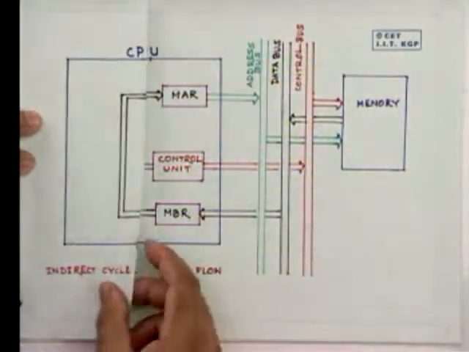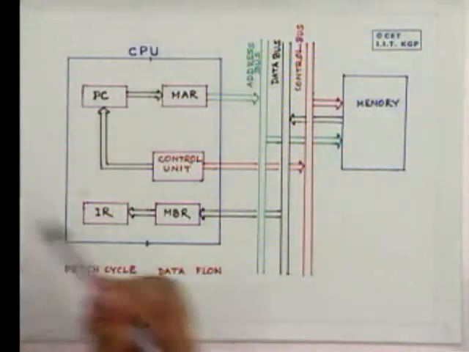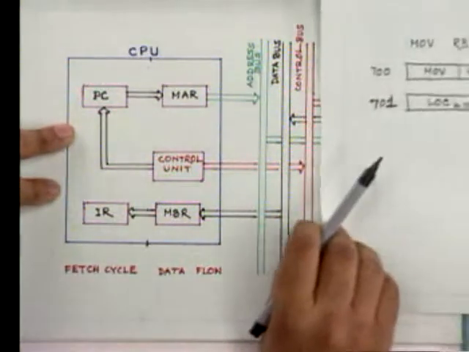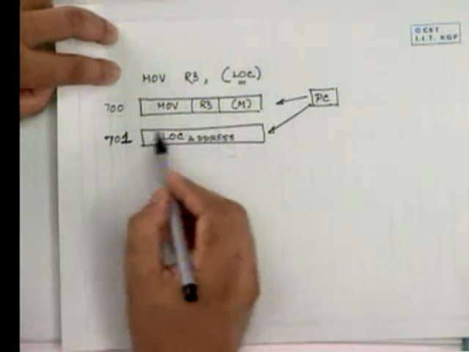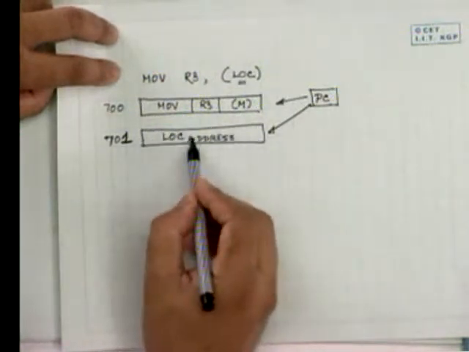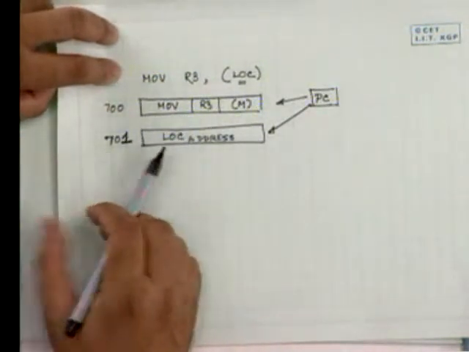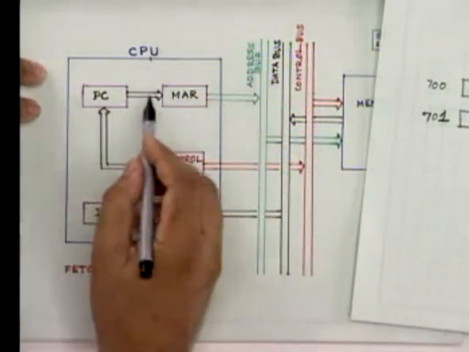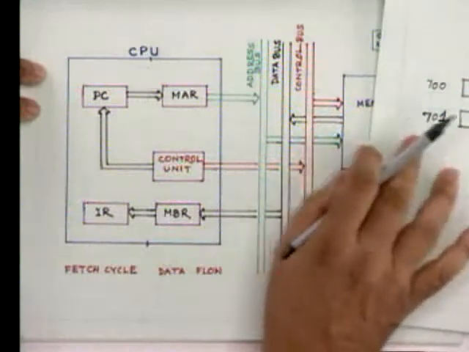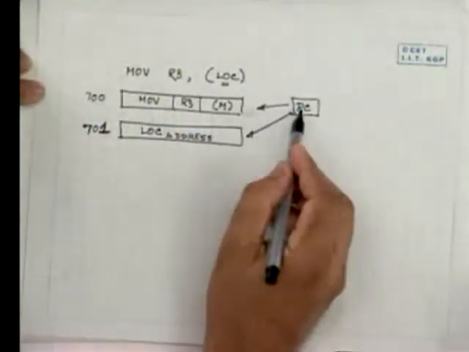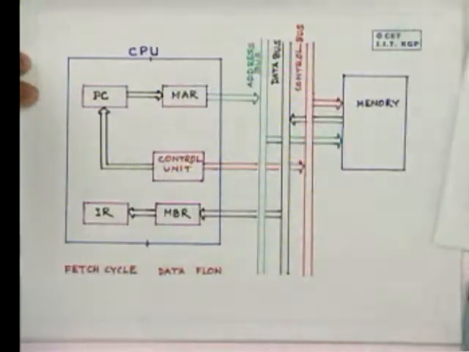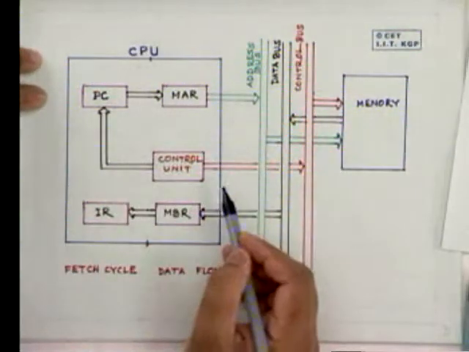Now this has to be done in 2 steps. First, the program counter should come to the memory address register, to get the content of the memory location lock. The content of program counter, which is the address of lock, should come to the memory address register.